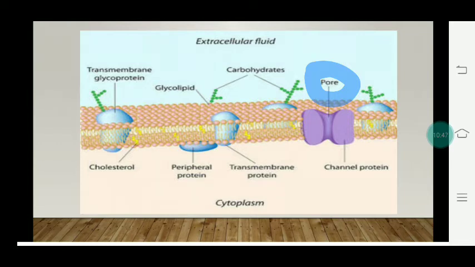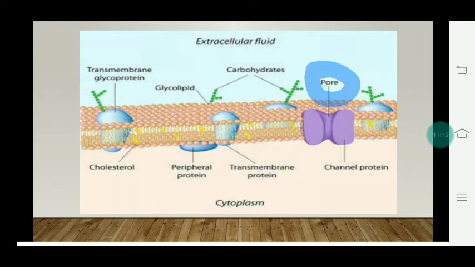What you can see in the plasma membrane structure is that the plasma membrane is a fluid mosaic model structure given by Singer and Nicolson in 1972, which contains protein and a lipid bilayer.